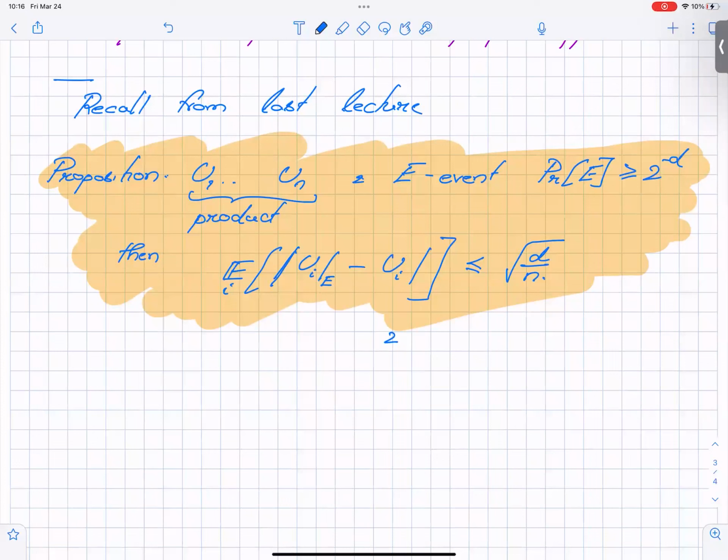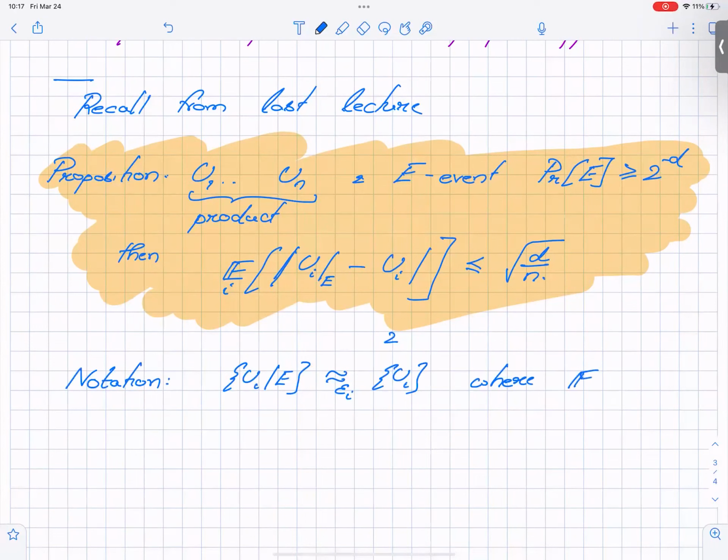Whatever is the conclusion of the lemma, I'm going to write it as UI conditioned on E epsilon I close to UI, where the expectation over I of epsilon I is less than or equal to square root D over N. That's one way of writing what's written above.